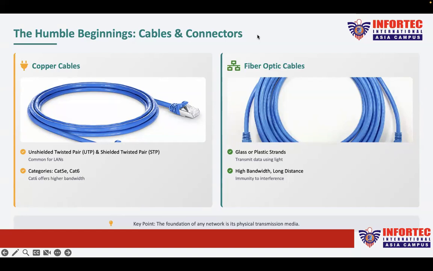Unshielded twisted pair we call UTP, and shielded twisted pair we call STP. These are the two types of cables that we can all see.